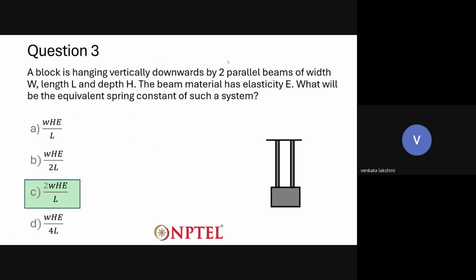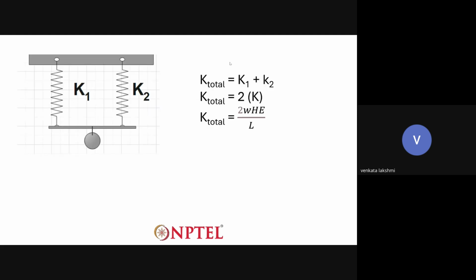Any doubts? Sir, the force is along the length, so L is coming in the denominator, sir. Is it a shortcut to remember? No, there is no shortcut. The formula for K is cross sectional area into elasticity upon the length. For any elastic constant, the formula will be the same.